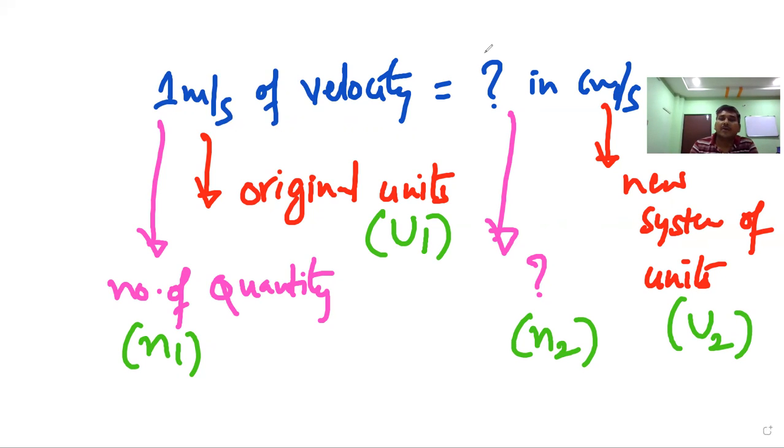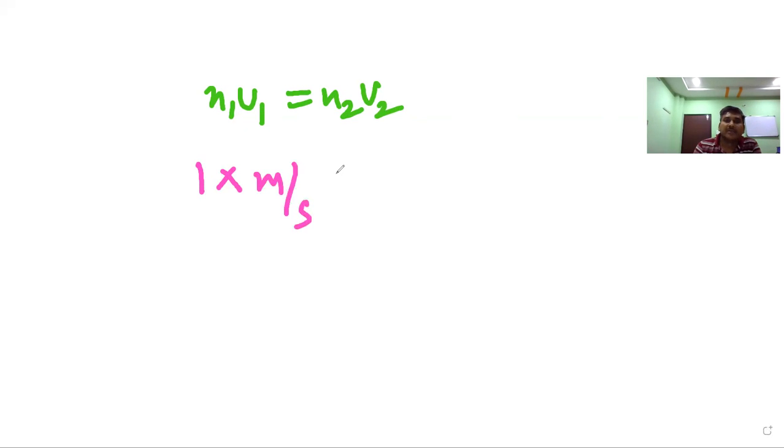Clear? Now, observe. Simply substitution. N1 U1 is equal to N2 U2. This is the formula. So N1 is how much? 1. And original unit is meter per second.